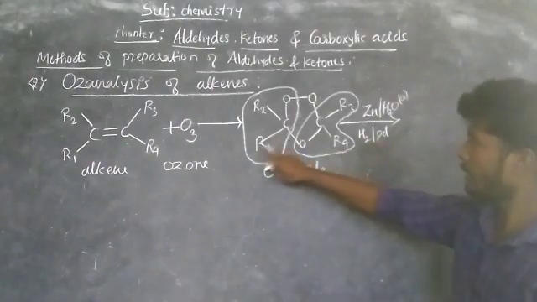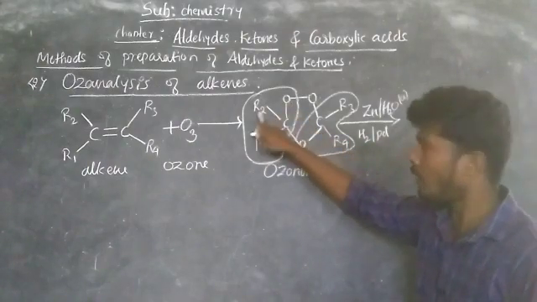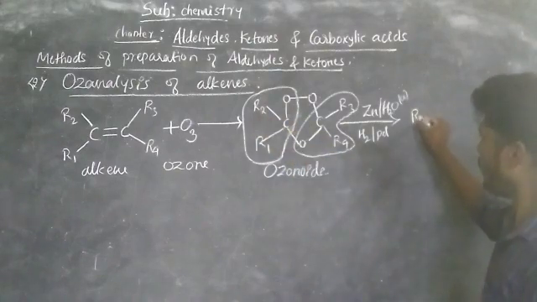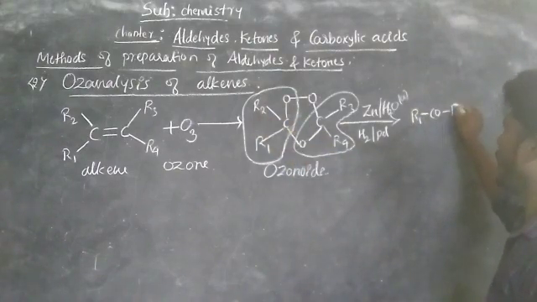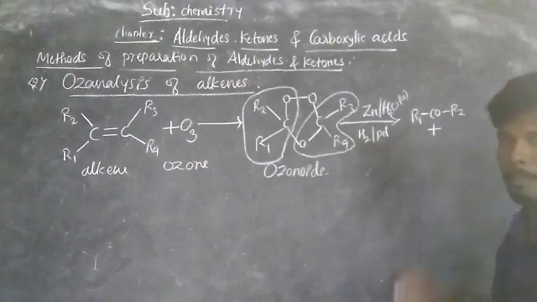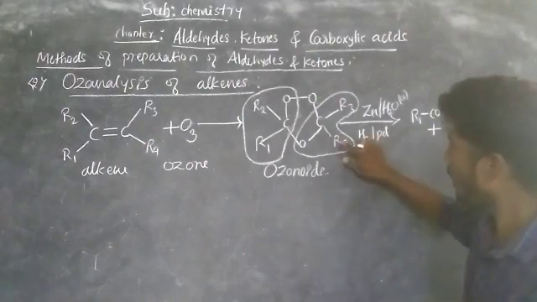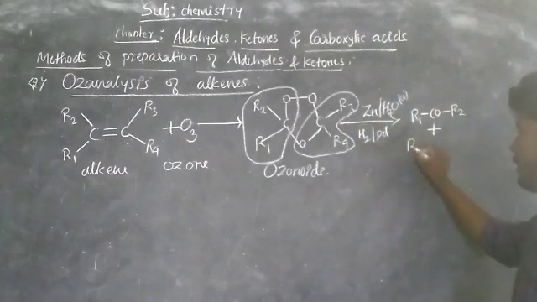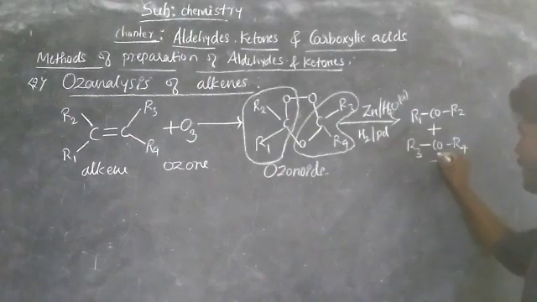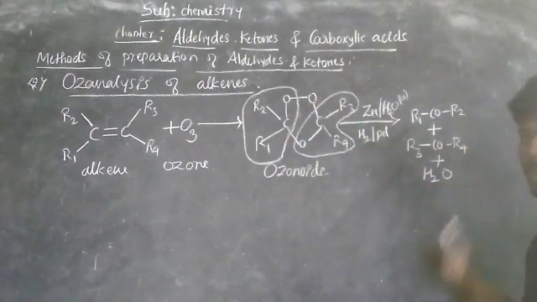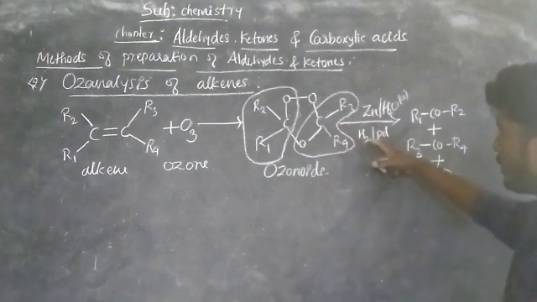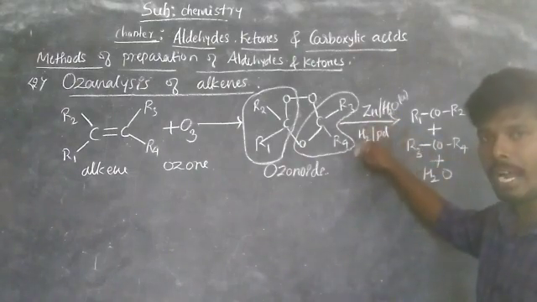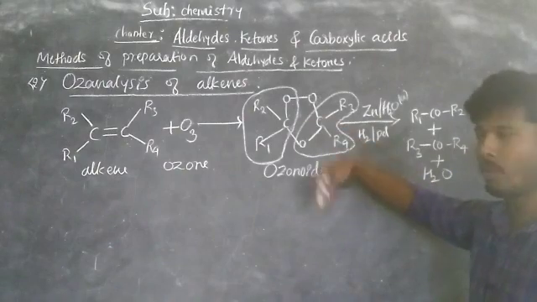So write the product R1COR2, plus the second product you get, R3COR4, that is R3 bond CO R4. Plus water is the byproduct, that is hydrogen plus oxygen becomes water. Actually this hydrogen is just a catalyst we are adding to undergo reduction.